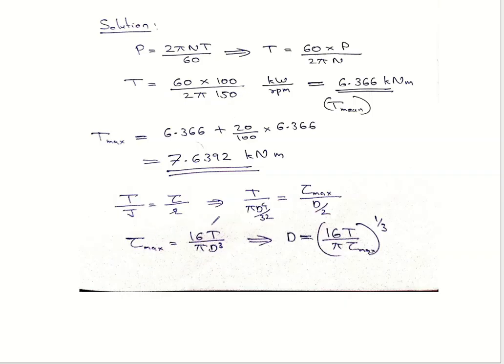Tau max is given, the maximum possible value of tau is given, T for which the design is to be done we have already found out in the previous step. All others are constants. The only unknown is d here. So I can rearrange the equation to be d is equal to 16 T by pi into tau max, raised to 1 by 3.